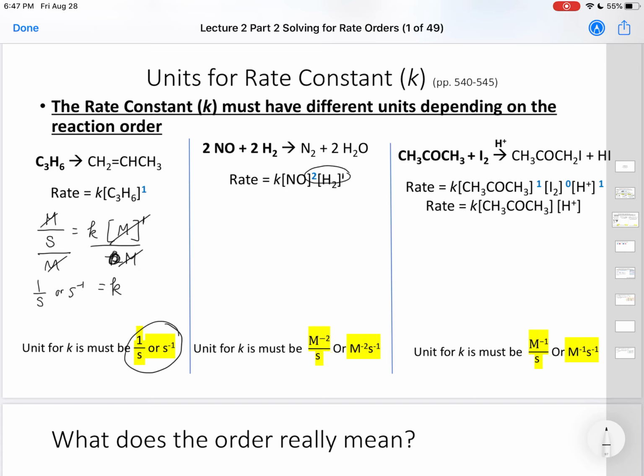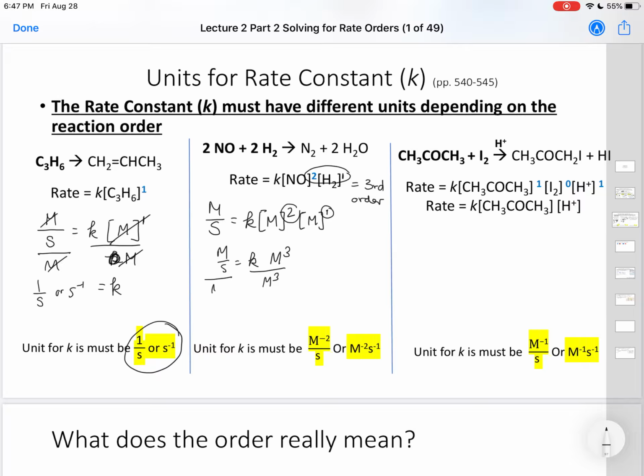Now, if you have 2 and 1, the overall order is 3, or we call it third order. Again, rate is M over S, and now we have concentrations raised to the second power and the first power. Again, concentration is always expressed in molarity in this chapter. So M over S is equal to K times M squared times M to the 1, which is M to the third, because you add the exponents when you multiply.